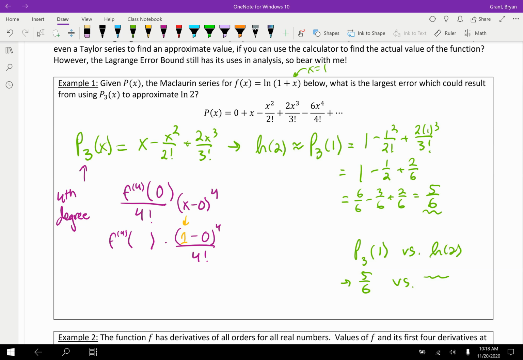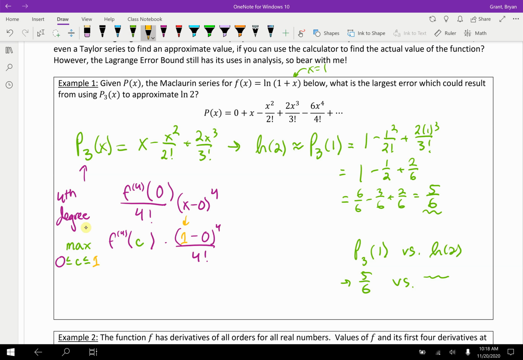We're going to call this maybe C. You can use whatever letter you'd want, and we're trying to maximize this by choosing C, and C is in between two numbers: the center, which is 0, and the value we plugged in, which is 1.